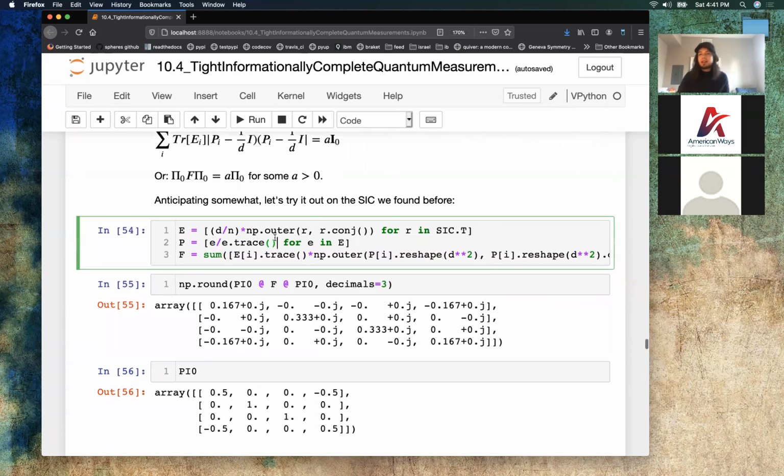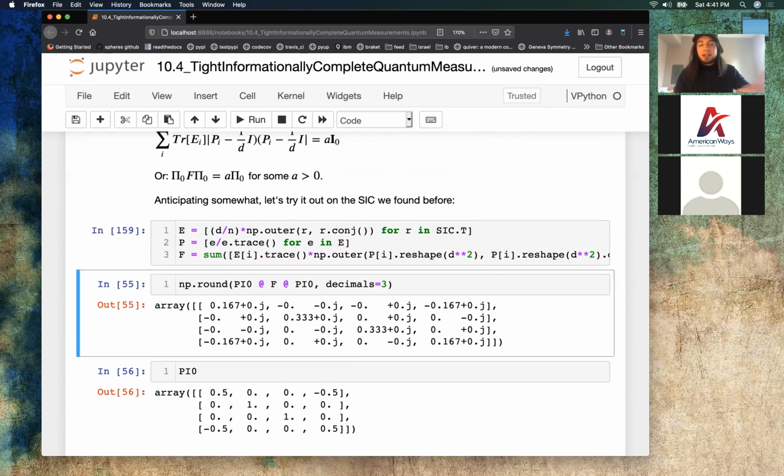Earlier in our numerical adventures, we found a SIC. Anticipating somewhat, we're going to prove that SICs are in fact tight, informationally complete problems. But we'll see right now that the SICs satisfy this.